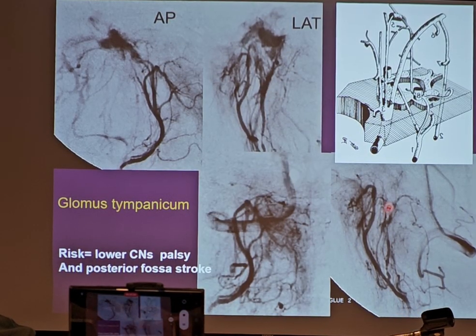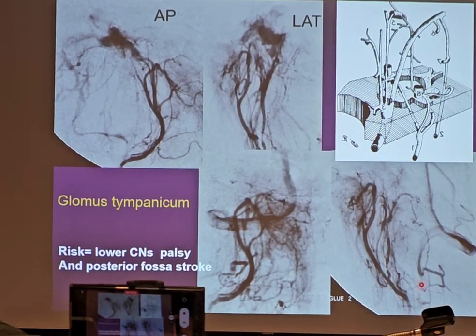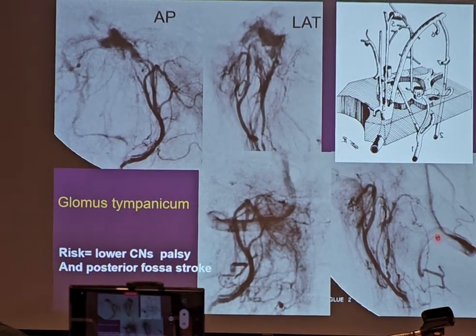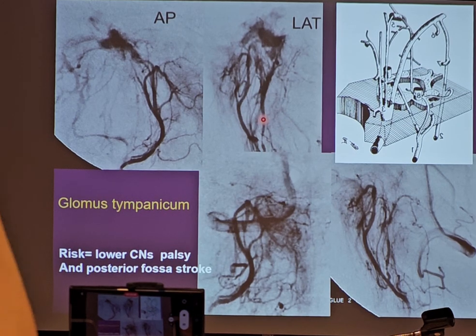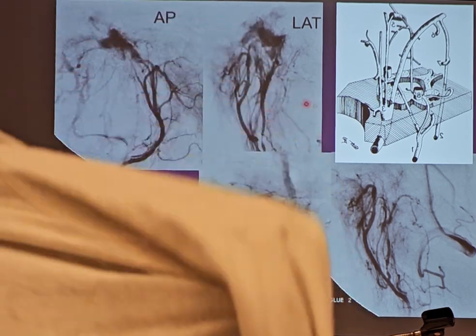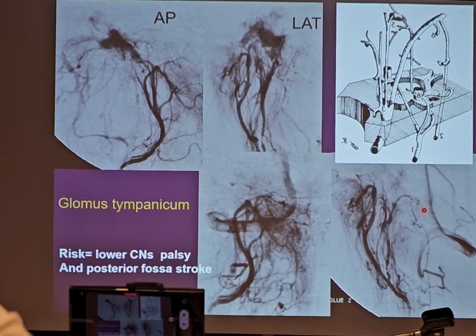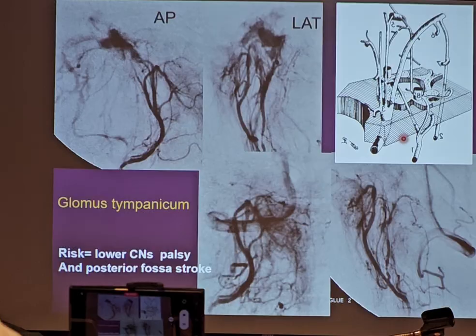You know that there are remaining branches coming down to hook into the level of C2, C3, filling up the vertebral artery. If you didn't see it before treatment, you wouldn't realize that it's there. It's likely too proximal to force injection of any embolic material, and this could happen: you could have a posterior circulation stroke.